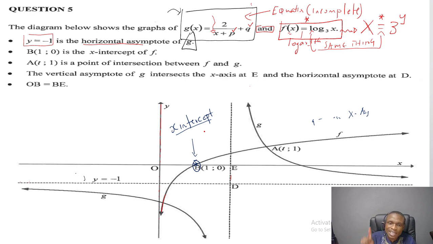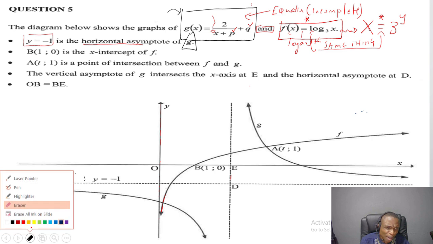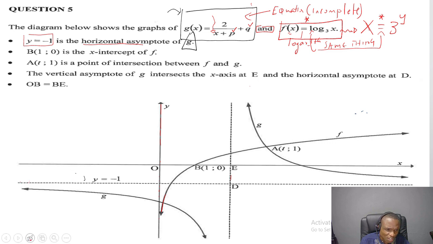It is the x-cut of the graph. So we are saying the function f, this logarithm function f, cuts the x-axis at the point B. Okay, welcome. Hopefully you are learning. I'm enjoying this function topic. Oh, and it's coming in your final exam. It's obvious.